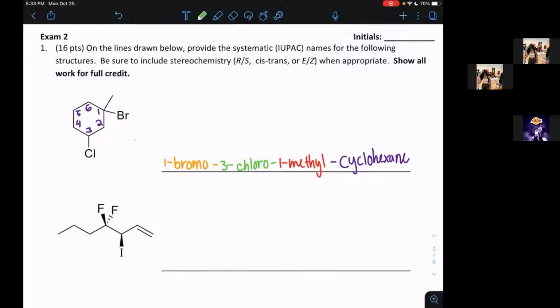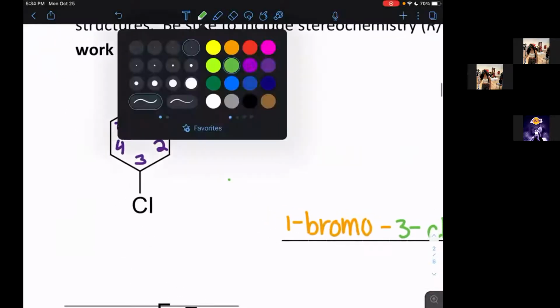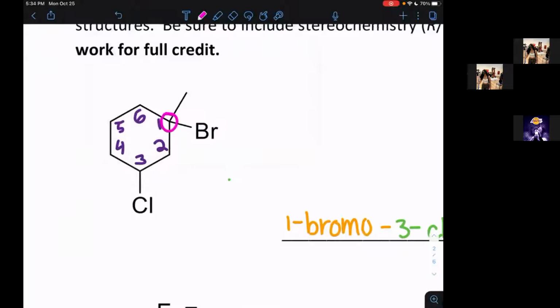Oh, and then let's see. So here you can't do cis trans or anything because there's no wedges or dashes like that. This one, whoa, I almost messed that up. So this one's a chiral center. So we would have to name that, and wouldn't 3 also be a chiral center? Yeah, okay.